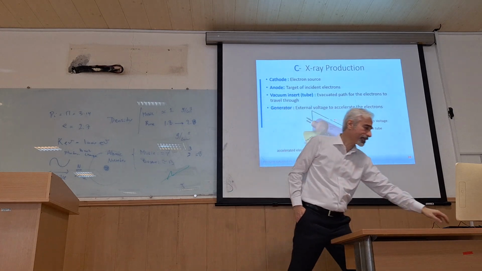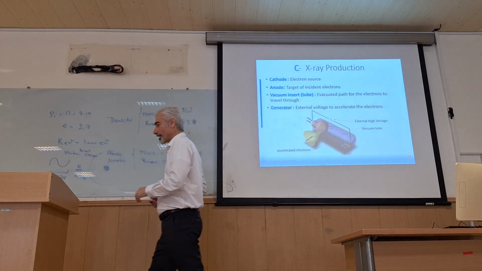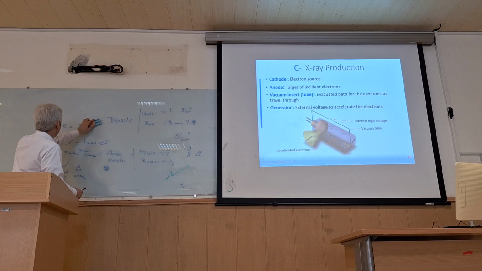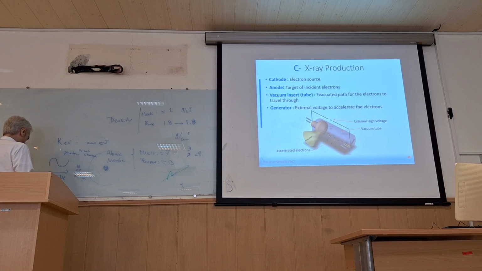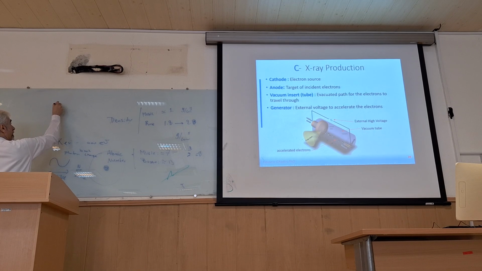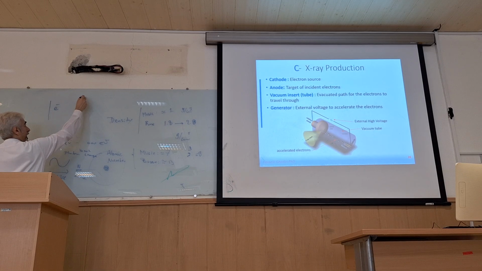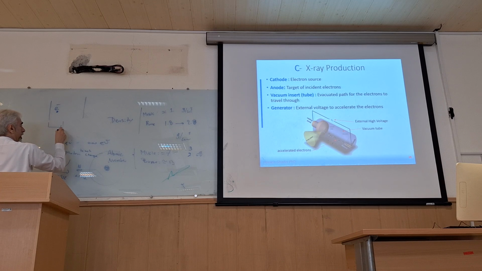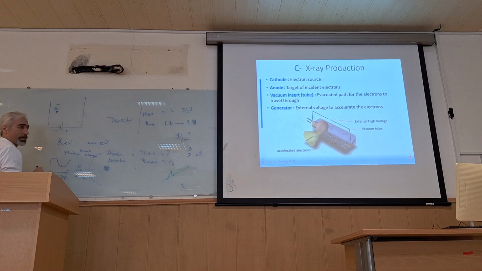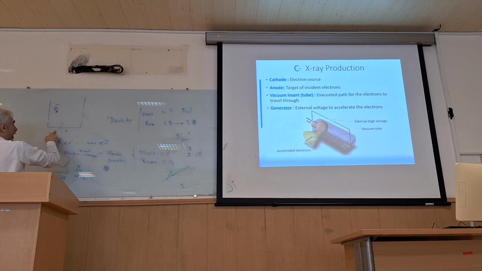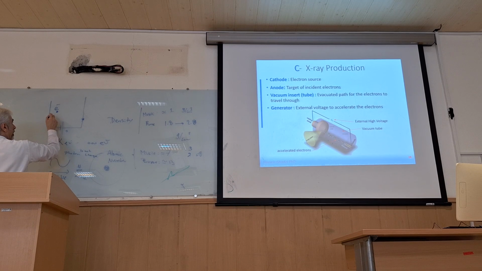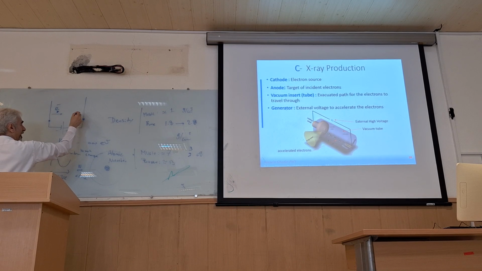As you know, the electron has minus polarity. And if you put the electron between voltages like this, the minus and plus, the minus repels the electron and the plus attracts the electron.